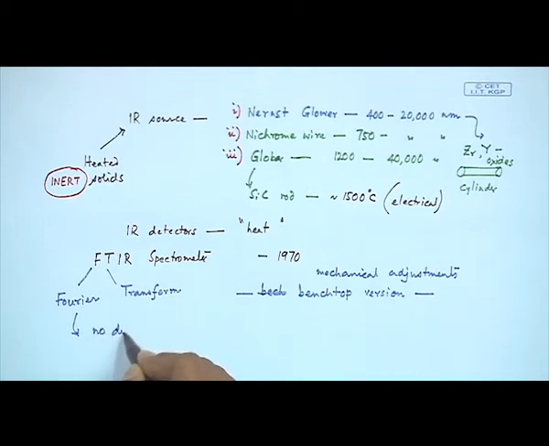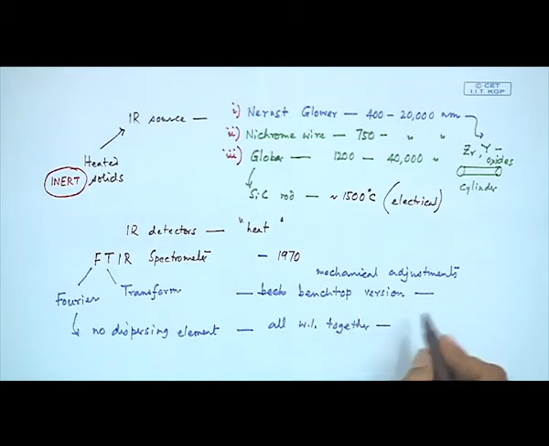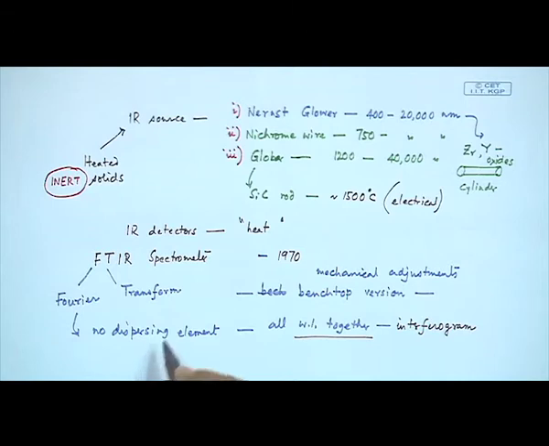We measure all wavelengths together, which gives rise to something we call an interferometer. Through the interferometer we get something which is the interferogram. So, all the wavelengths are measured together, and there is no monochromator also.